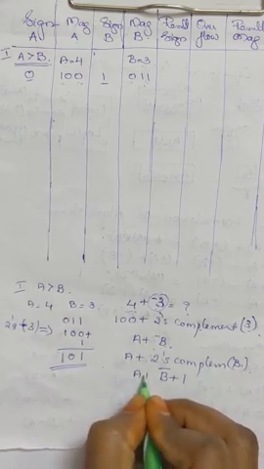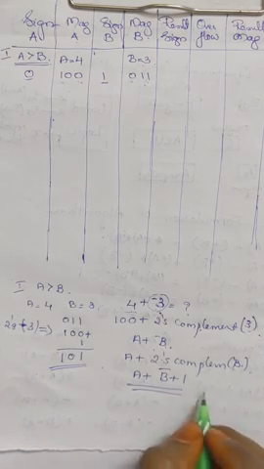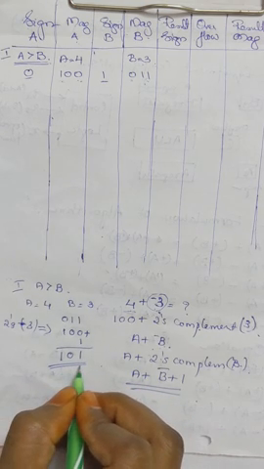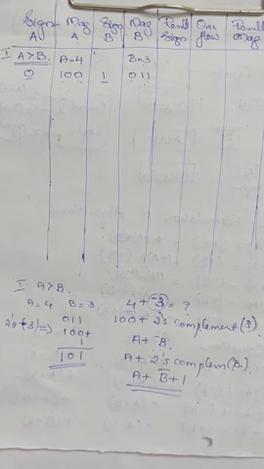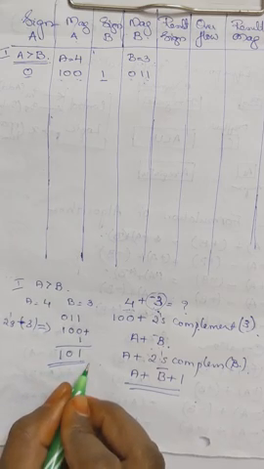So the operation is A plus B complement plus 1. This operation will be done here. So the result will be 1 0 1. The result of the 2's complement is 1 0 1.